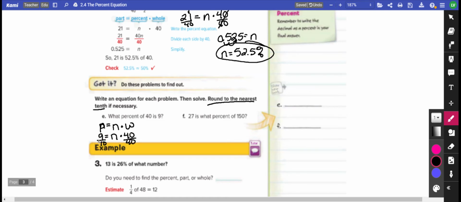I'm going to solve 9 divided by 40, which is 0.225, which is my percent. Well, in order to change that to a percentage, I had to multiply that by 100. So my percentage equals 22.5%.